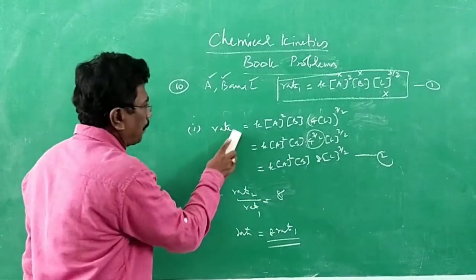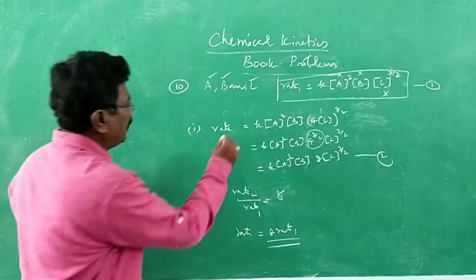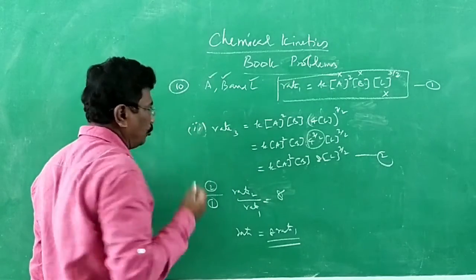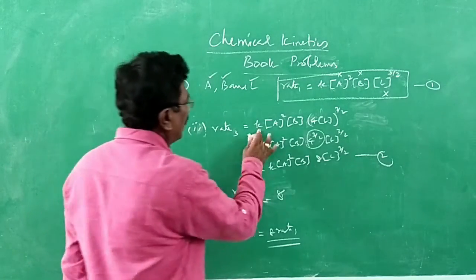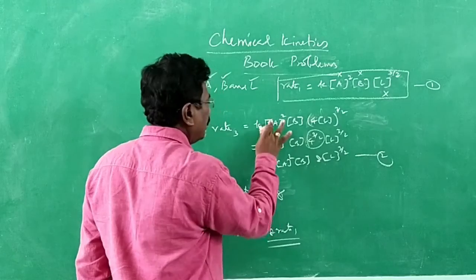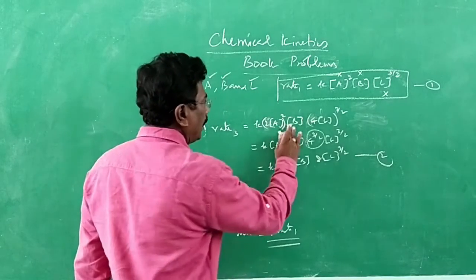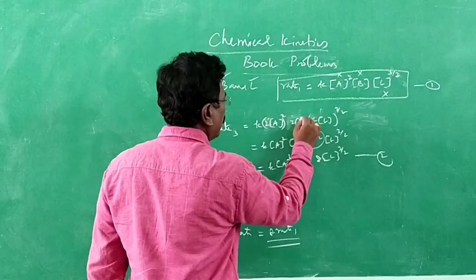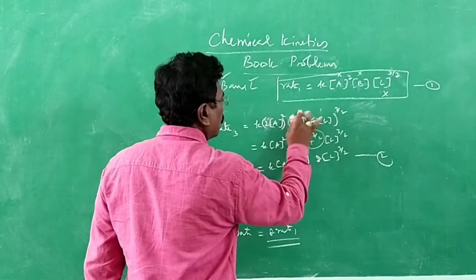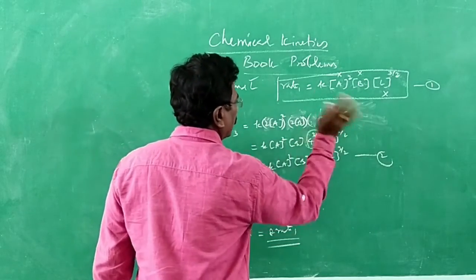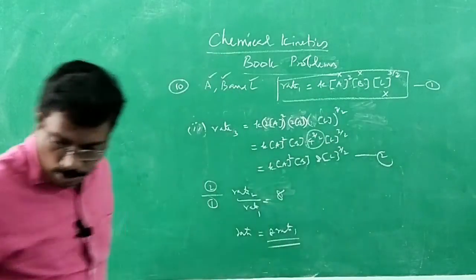Let it be rate 3. Rate 3 is equal to K into, A is doubled, so I can say 2A whole square. B is also doubled, 2 into B, not squared, and then L. Now, what will be the thing?